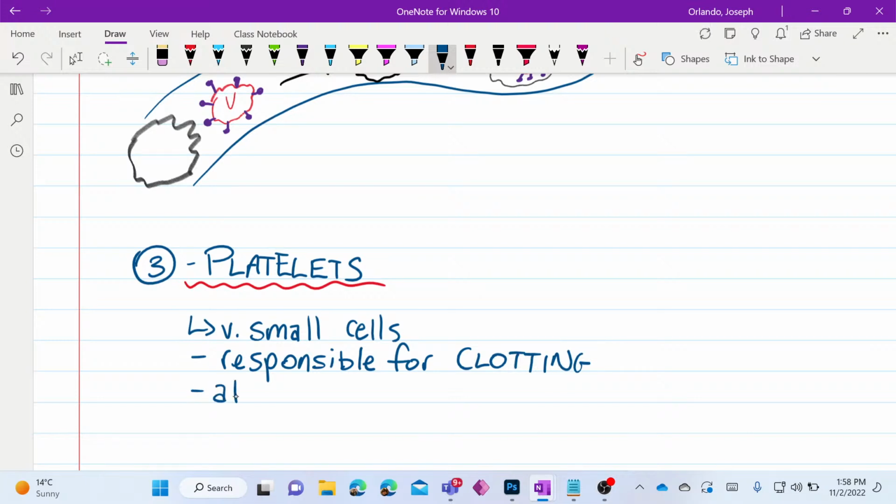So at injury sites, platelets form a mesh that eventually forms a solid mass over the wound.